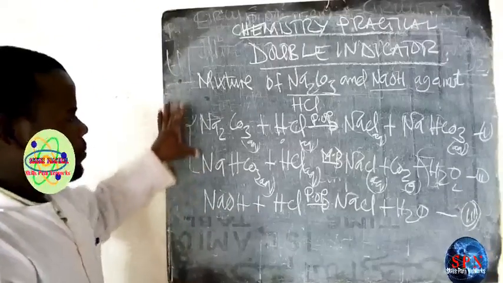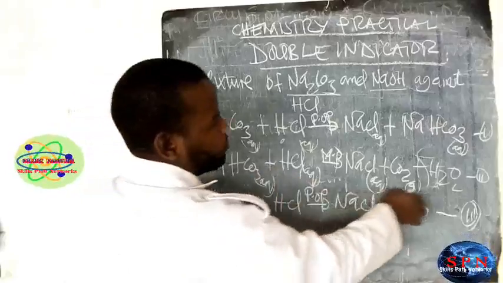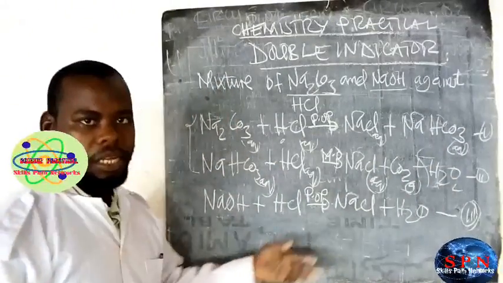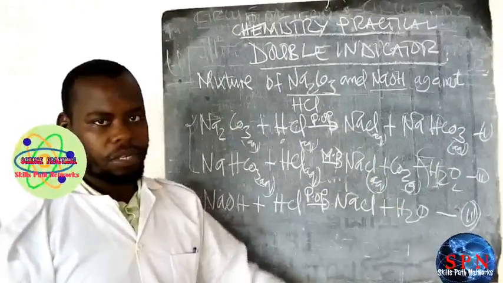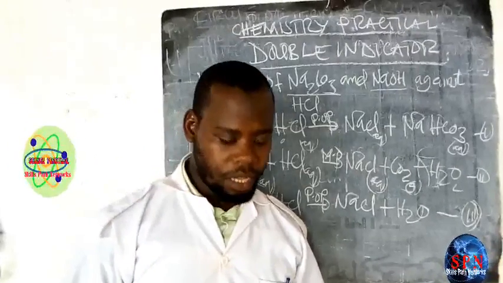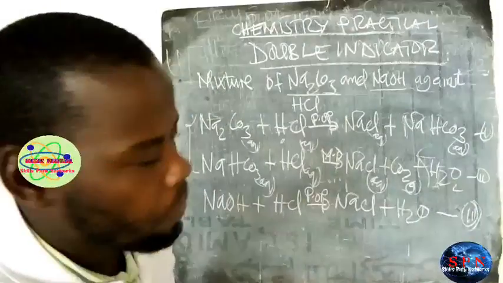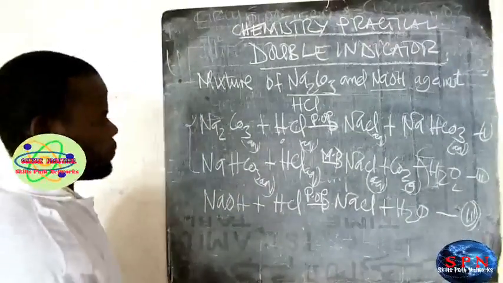From the intermediate up to here, the completion of the reaction is the second question. So let's be together here, stay with me, then you'll understand more our lesson for today.